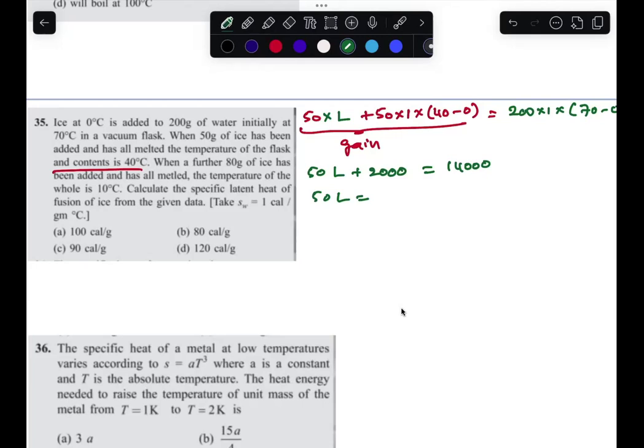So overall 36 plus 9, 45 kilocalorie is required. Now you have steam, how much? 100 grams of steam.